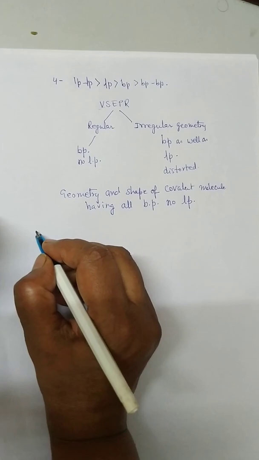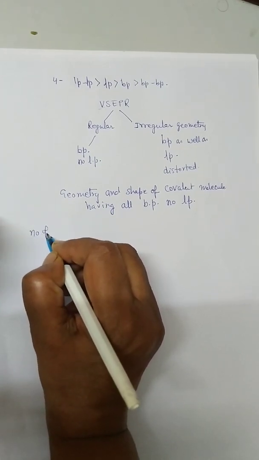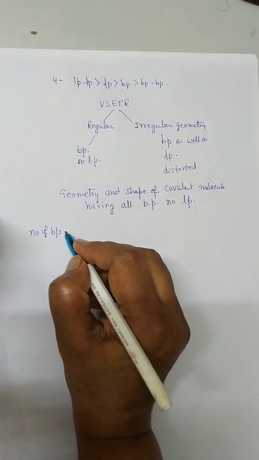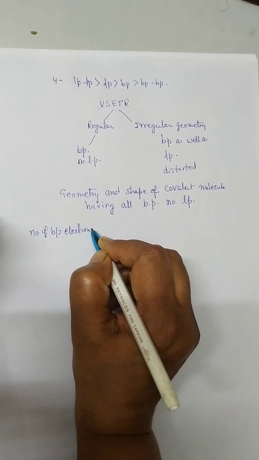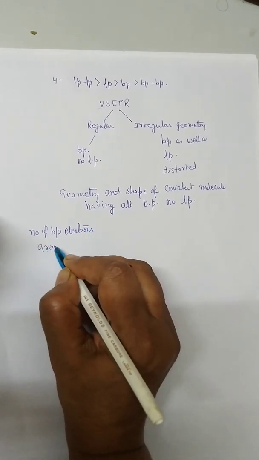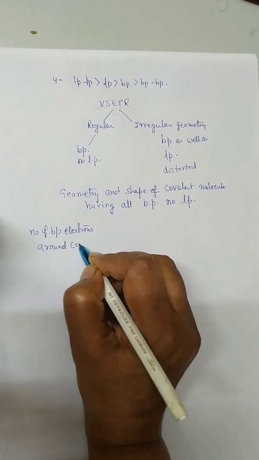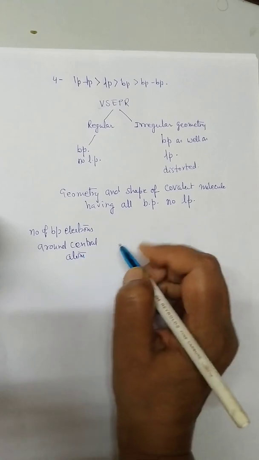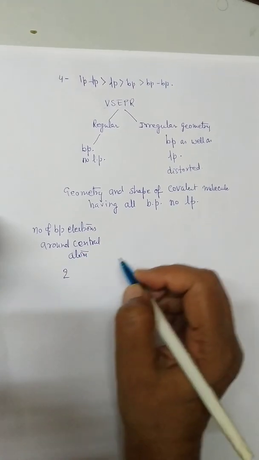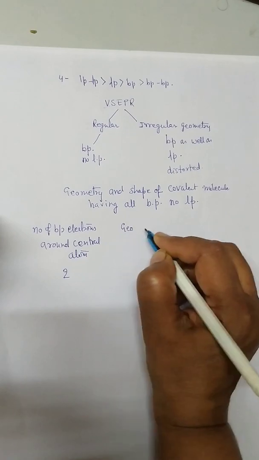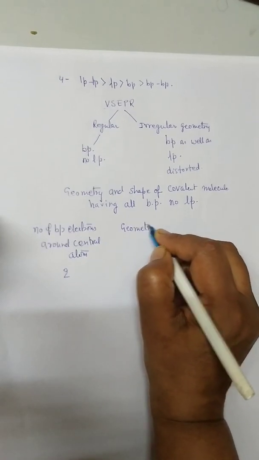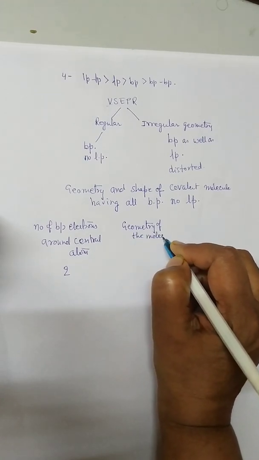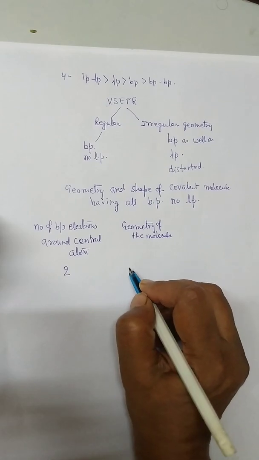Suppose the number of bond pair electrons around the central atom is 2. Then the geometry of the molecule is linear.